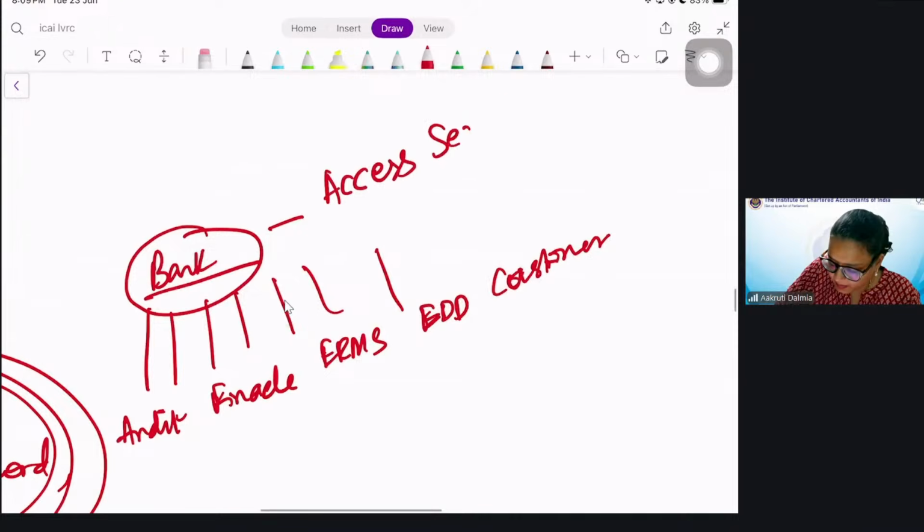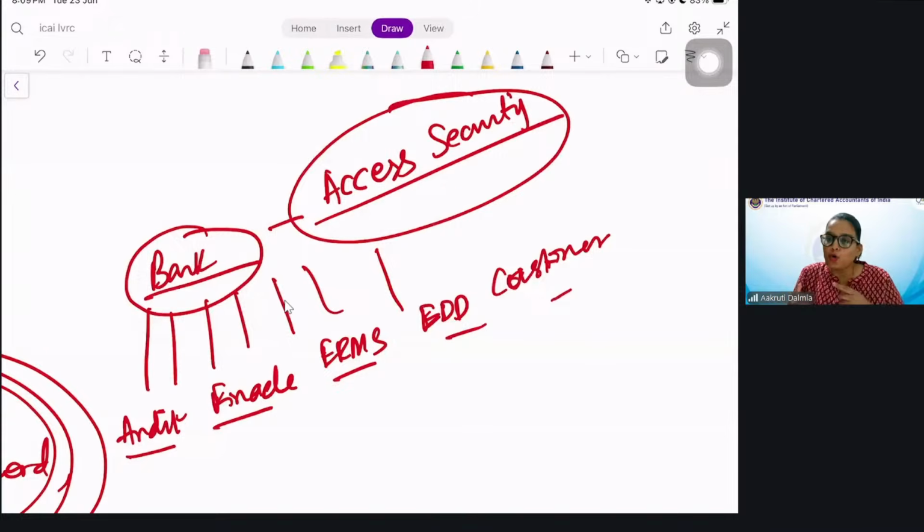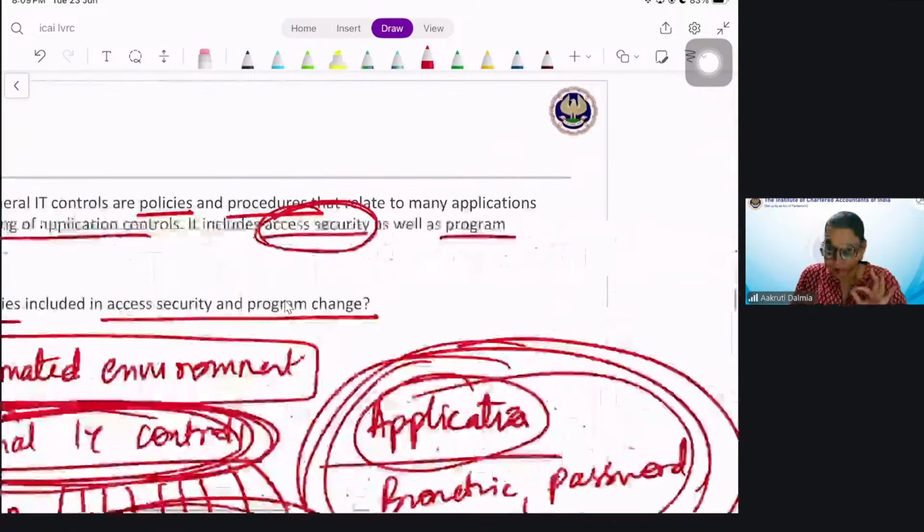What is access security? Not individual application, but a general policy that says who can access which software. What security guidelines will be there? How frequently can the password be changed? Who can modify? Who can see? That is called access security.